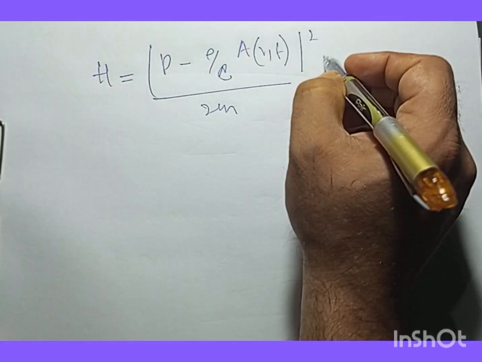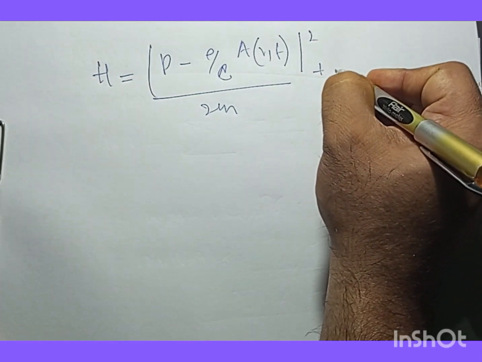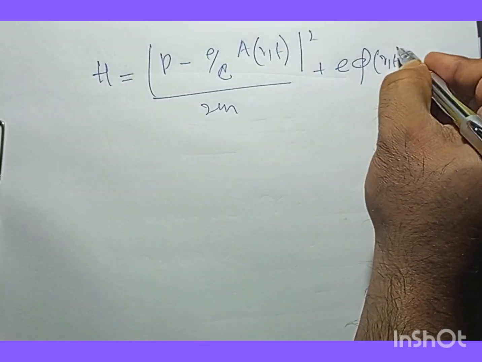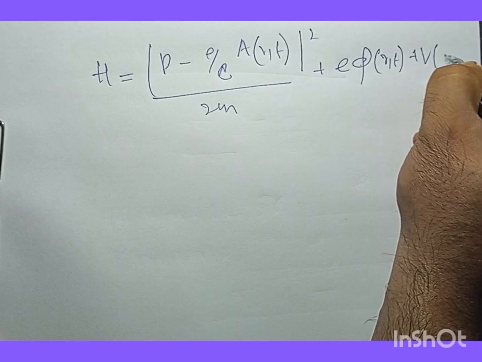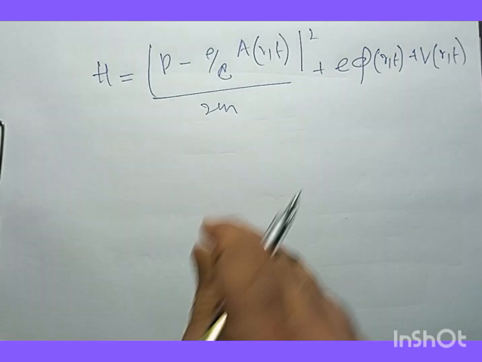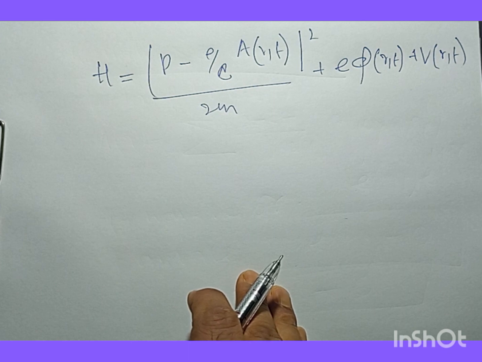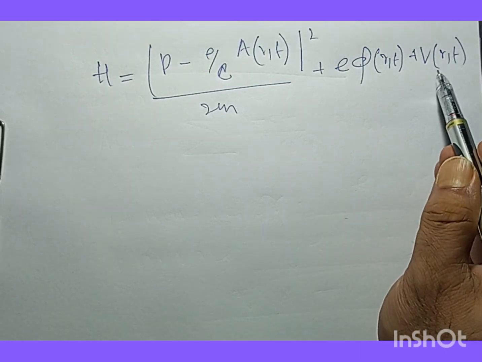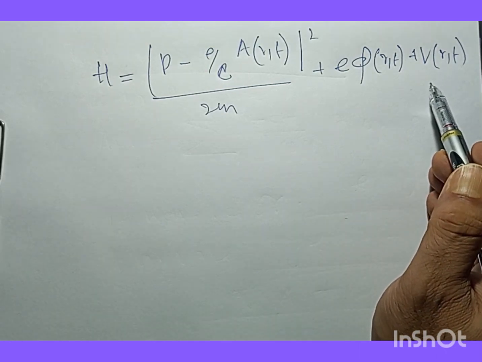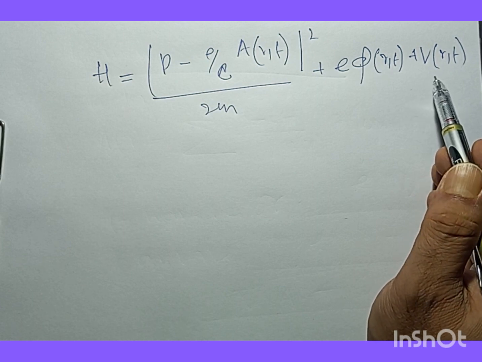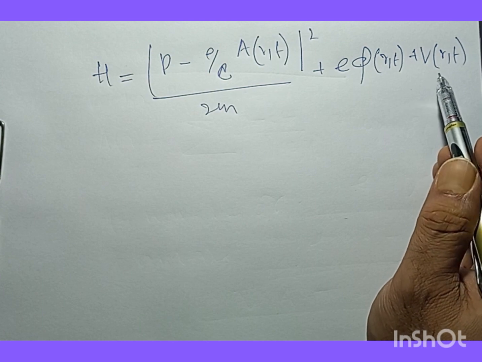This is our kinetic energy term, and then we have the potential energy term, using e and phi as a potential as a function of R and T, and then V of R and T. This Hamiltonian is representative of the interaction between the electromagnetic radiation and the matter. Now, this V of R and T describes all other potentials that are seen by the electron.